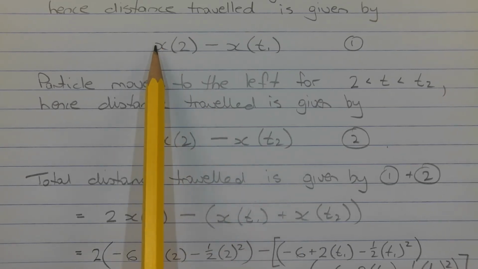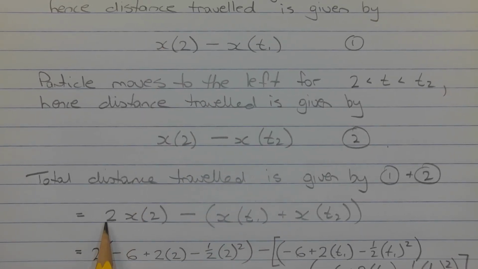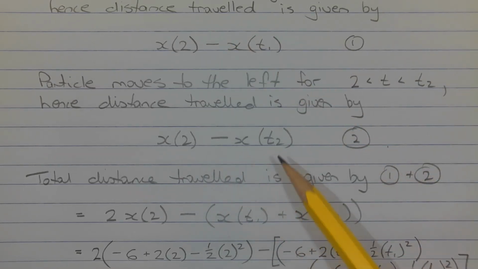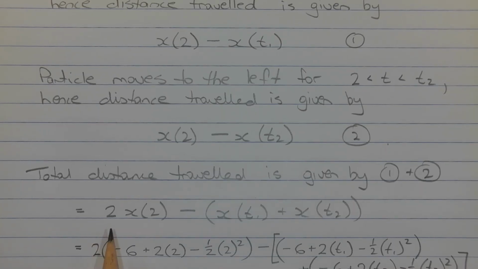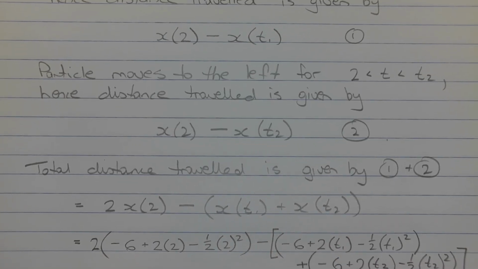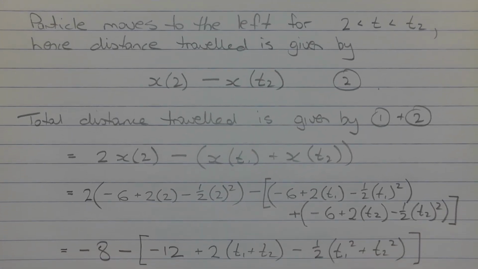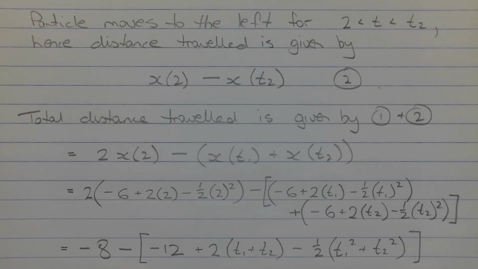Now we have two of these x of 2's, and so we get 2 times x of 2, and we can factorise out the negative from minus x of t1 and minus x of t2. So the total distance travelled is given by 2 times x of 2 minus open bracket x of t1 plus x of t2 close bracket. Now recall the displacement equation for particle A, x equals -6 plus 2t minus half t squared.